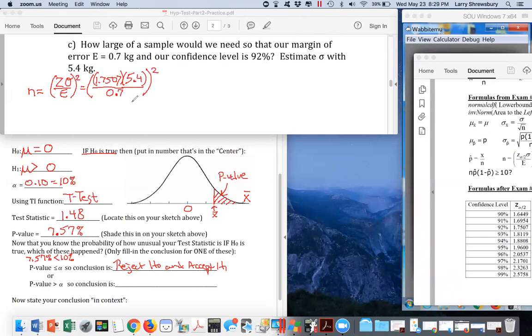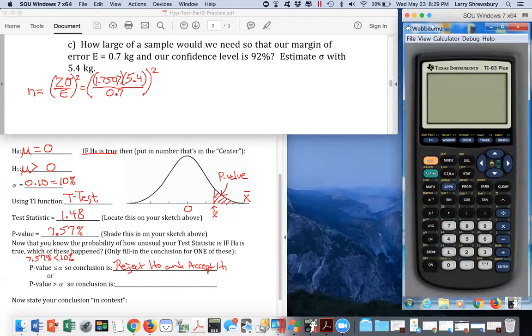All right, now all you got to do is punch that into our calculator. If there's a decimal part, we round up. All righty here, so I got 1.7507. And I'm going to multiply that by 5.4. That's going to be divided by 0.7.